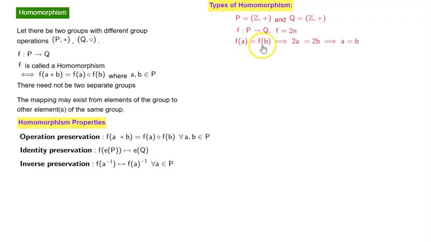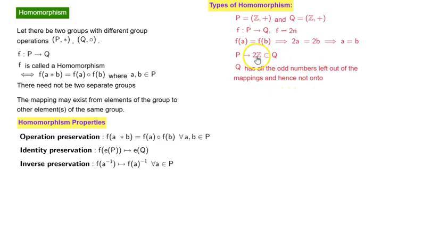So F of A is equal to F of B implies 2A is equal to 2B, which implies A equal to B. So which means P gets mapped by the homomorphism to 2Z, which is a subset of Q. So Q has all the odd numbers left out of the mappings and hence not onto.